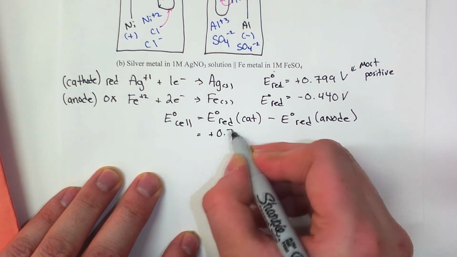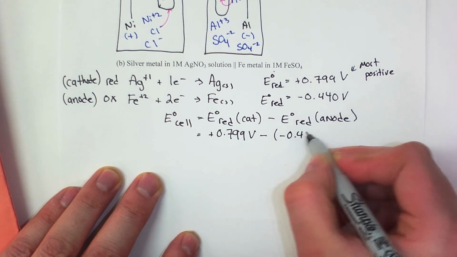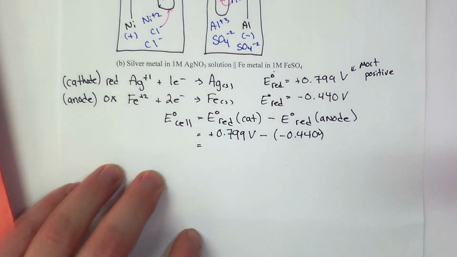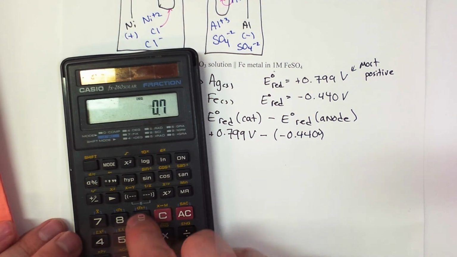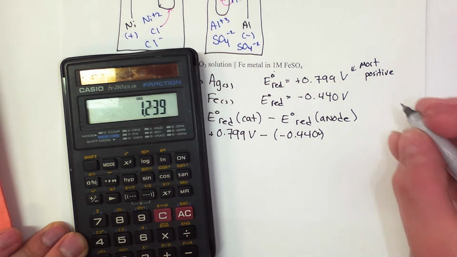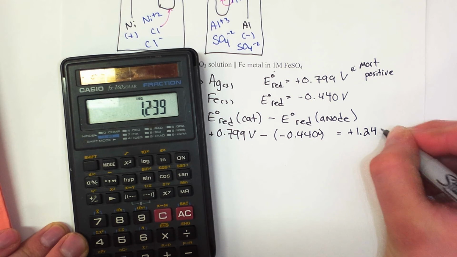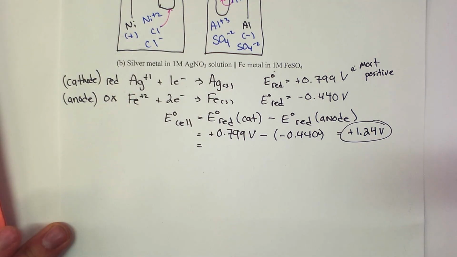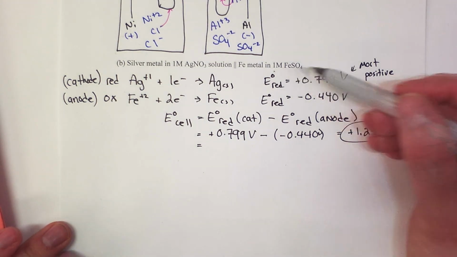So plus 0.799 volts, take away negative 0.440 volts. 0.799, take away 0.44. Let's round it off. So the standard cell potential is 1.24 volts at 1 mole per liter, which is where that 1M factors in.